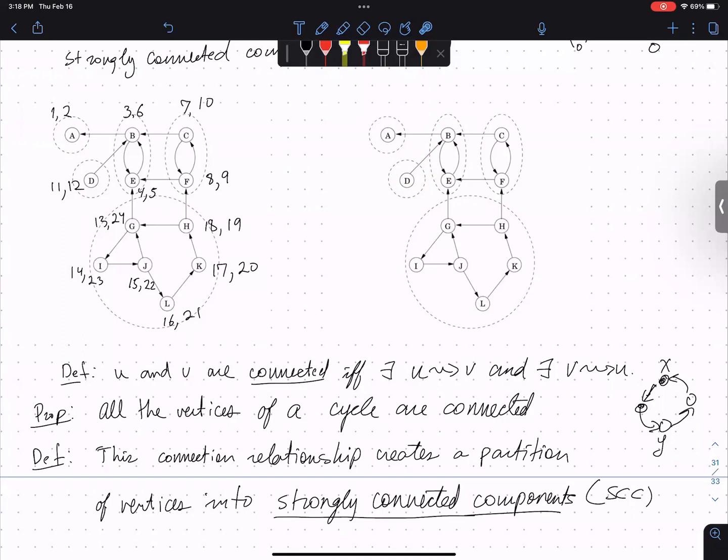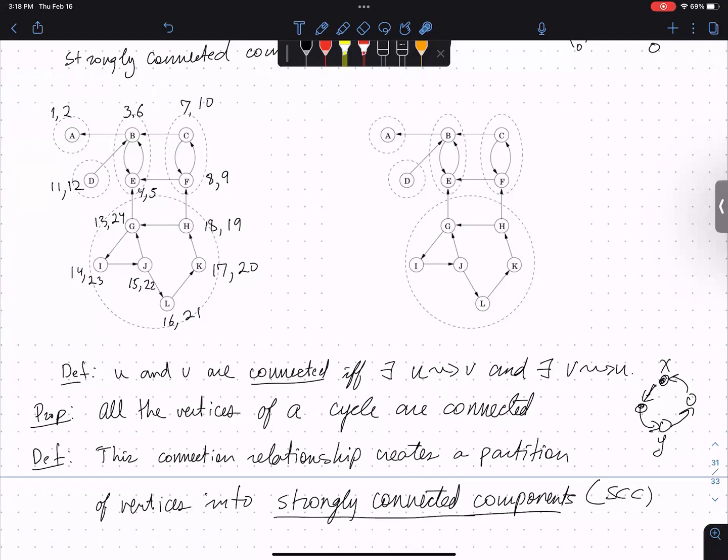Any questions at this point about the definition of a strongly connected component? Yeah. That's a great question.